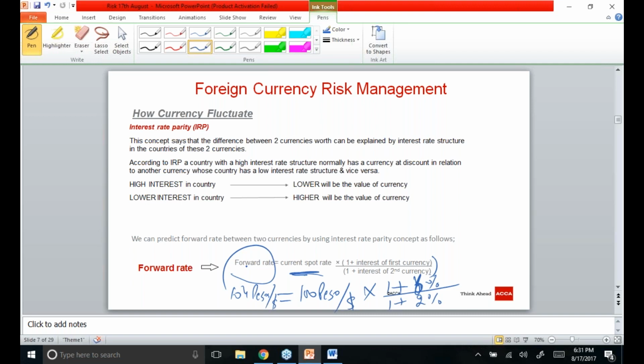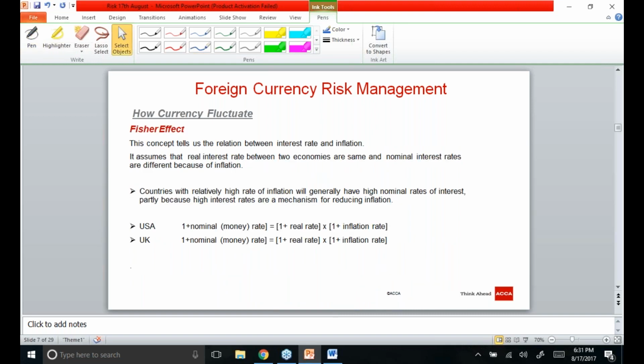Okay, what about the next theory? That is the Fisher effect. Remember the Fisher effect: 1 plus money rate is equal to 1 plus real rate into 1 plus inflation. This is the money rate of USA, this is the money rate of UK.